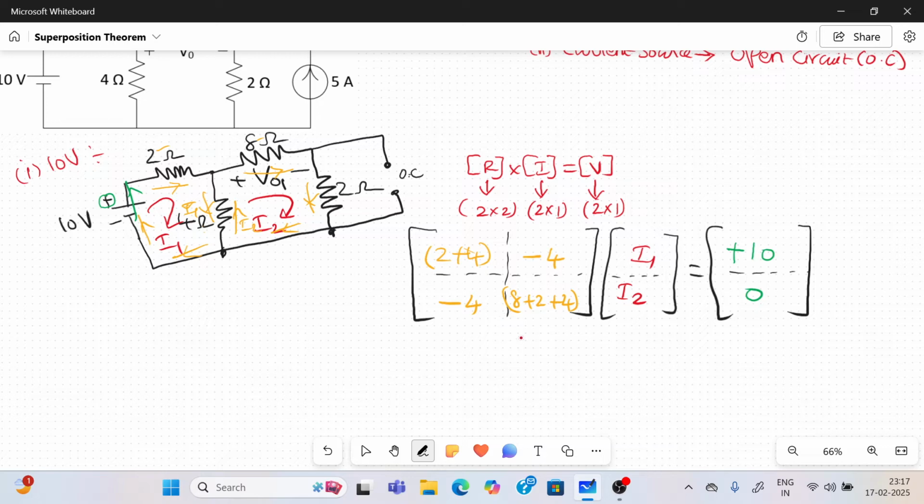Your current I1 is 2.06 amps. Your I2 is 0.59.